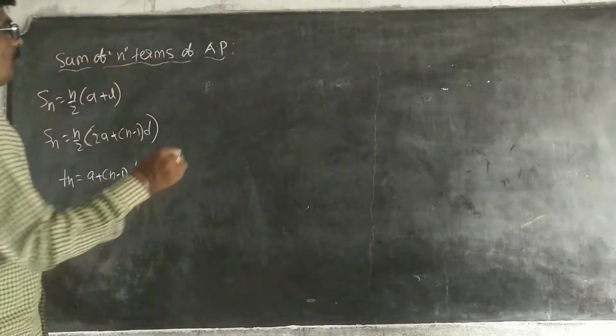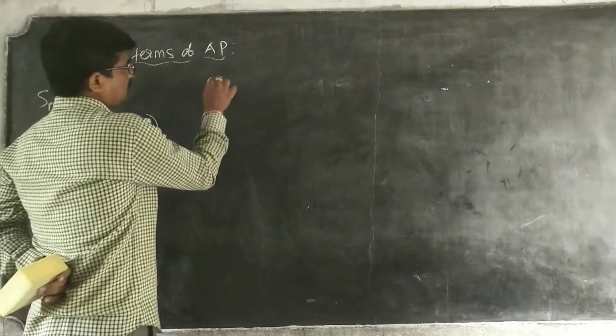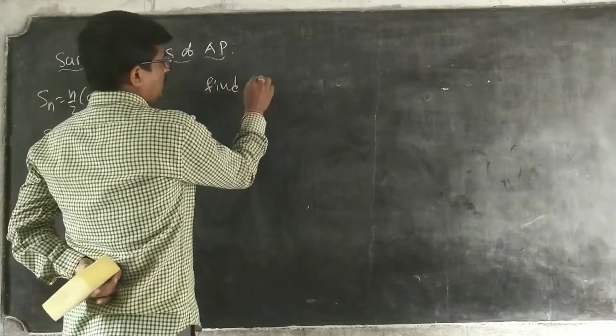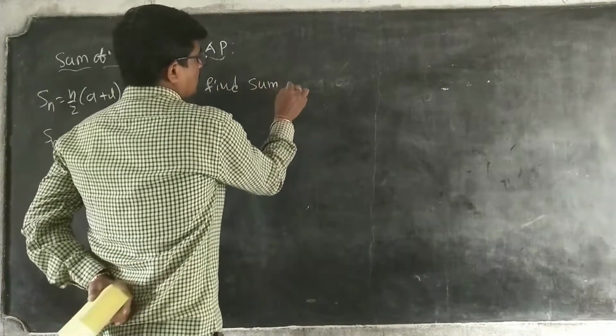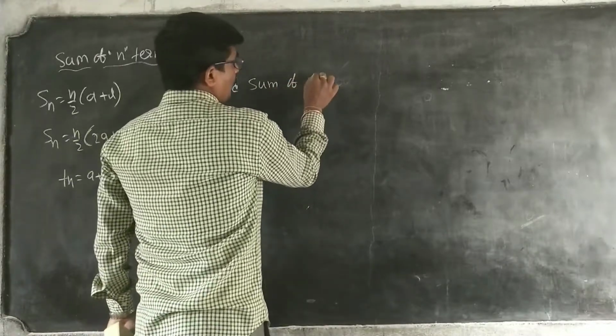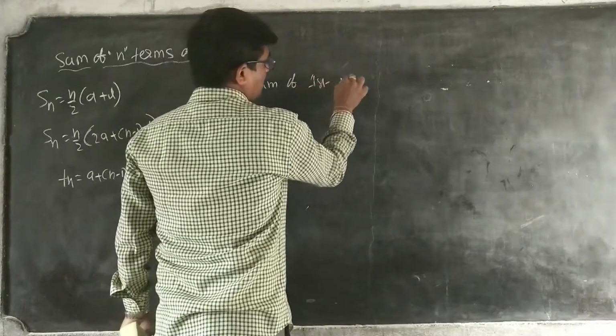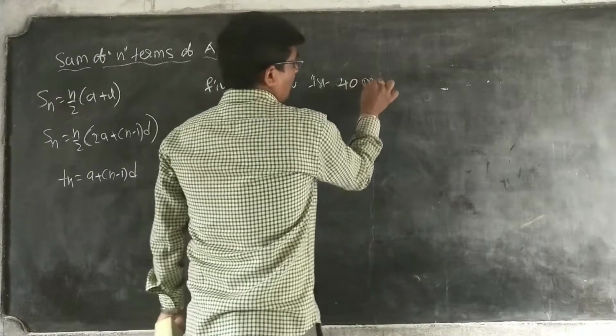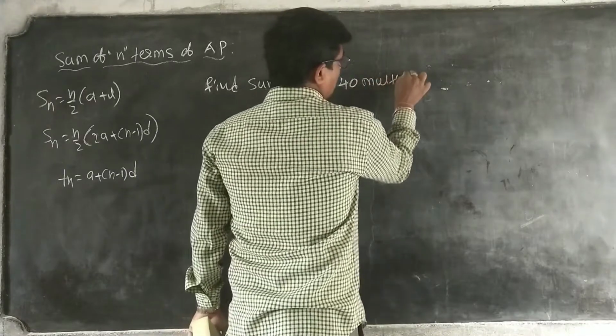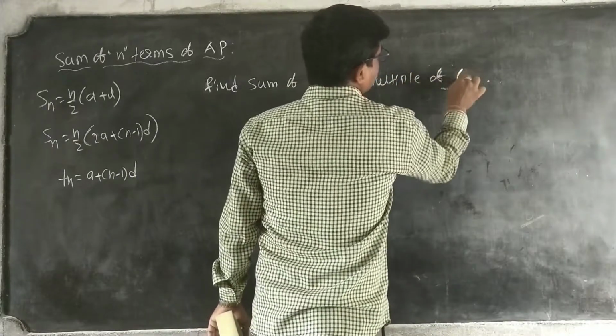Find the sum of the first 40 multiples of 6.